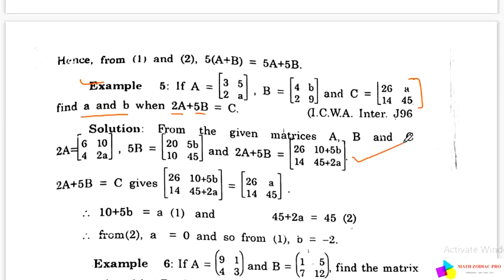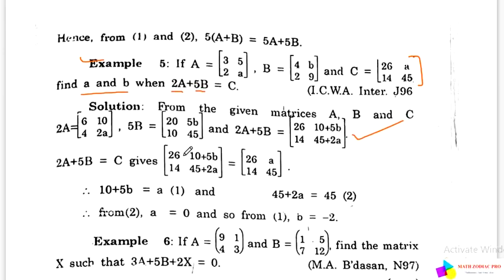Here given that 2A plus 5B equal to C, and C value is given as 26, 14, 45. So compare this one: 26 equal to 26 and 40 equal to 40. Next we have to compare 10 plus 5B equal to A, and next 45 plus 2A equal to 45.